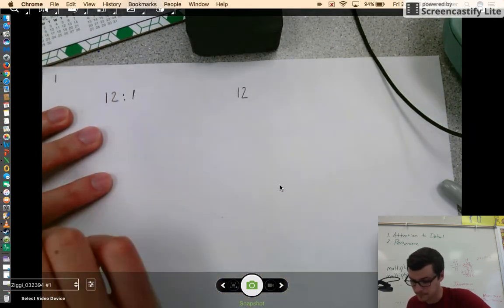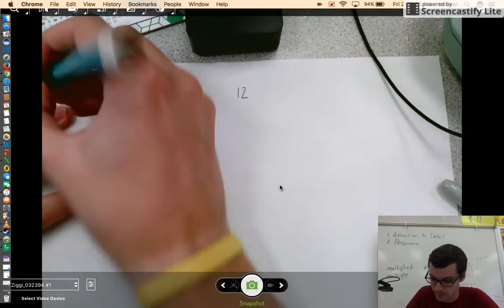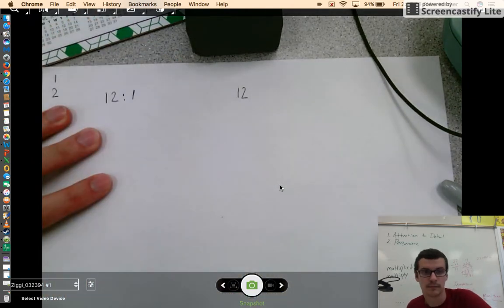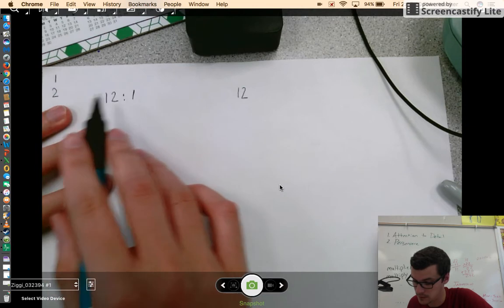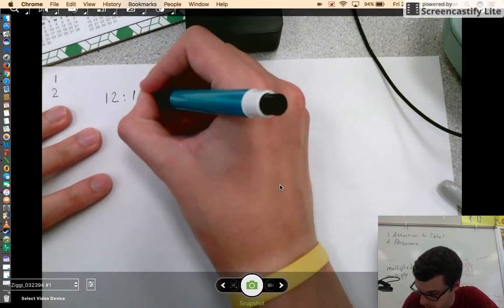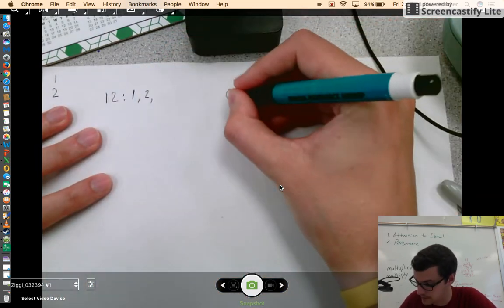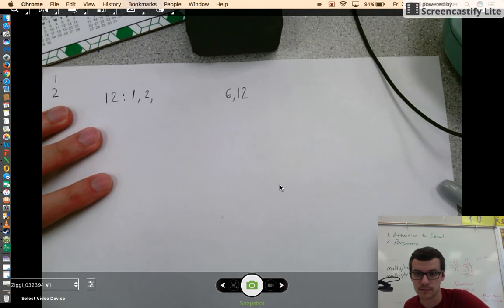So the next number I need to check for is the number 2. Any even number is going to have 2 as a factor. So 2 times what will give me 12? Well, 2 times 6 will give me 12. What about 3?